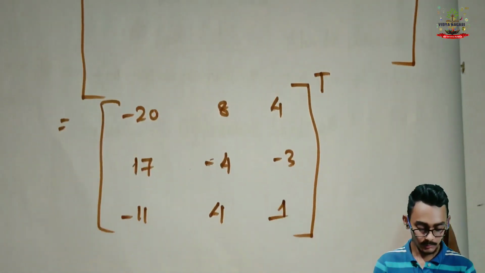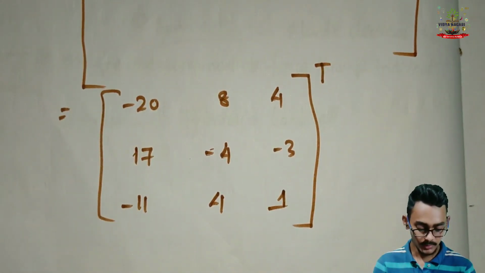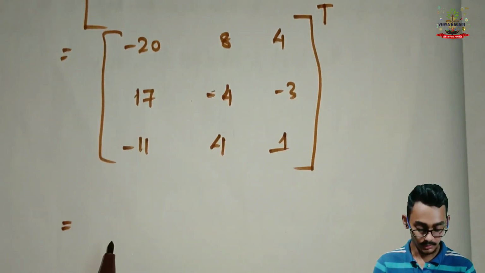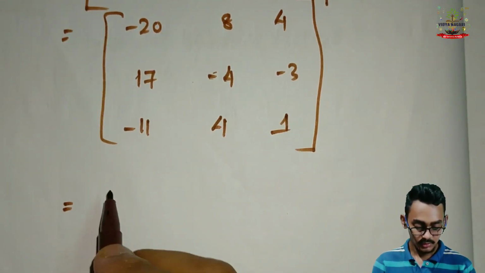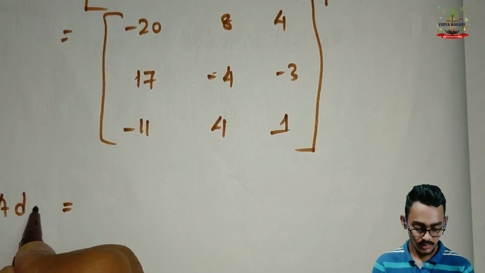Transpose. So adjoint means adjoint of A.